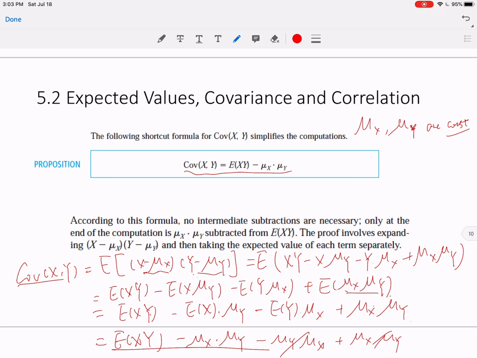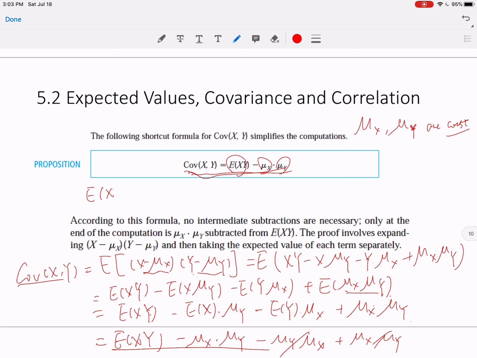So actually, if we want to apply this formula, we need to find E of XY first, and then mu sub x and mu sub y by applying the formula we went over before.